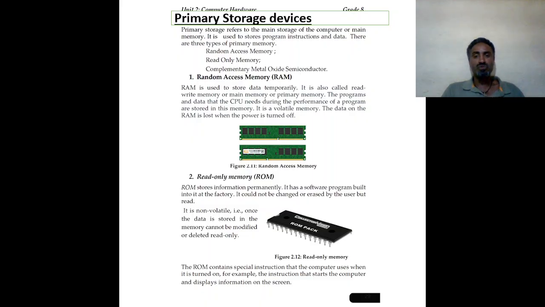The read-only memory, in short ROM, is the other primary storage device. ROM stores information permanently. In case of random access memory, it stores temporarily. When you come to read-only memory, as the figure shown here, it is a permanent type of memory. When you think of random access memory, it's possible to plug and unplug, and we can change or upgrade by its size.